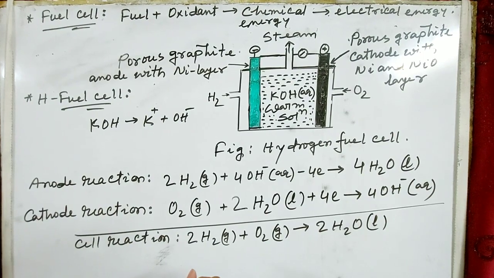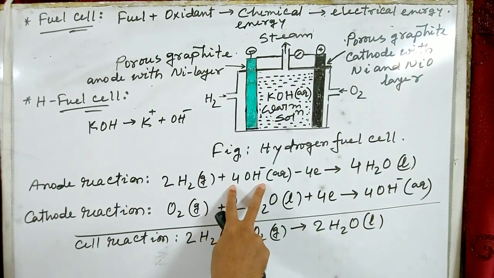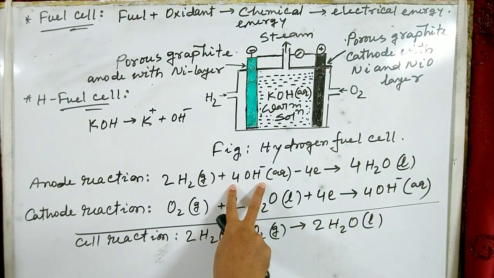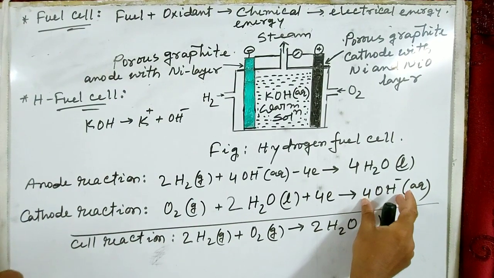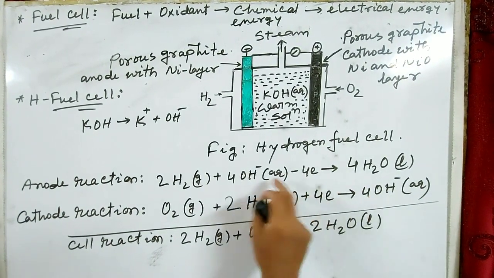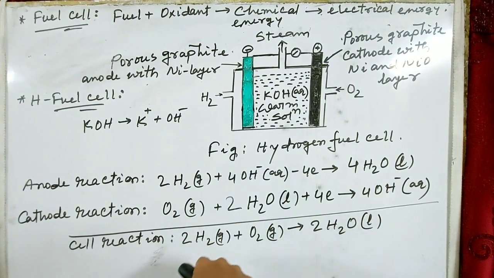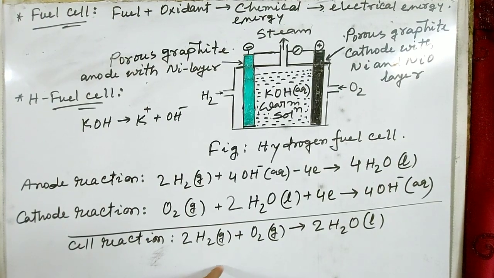My dear students, it is stated that at the anode 4 hydroxide ions are given. That's why at the cathode 4 hydroxide ions are produced, which will be crossed out during the addition of both the anode and cathode reactions.